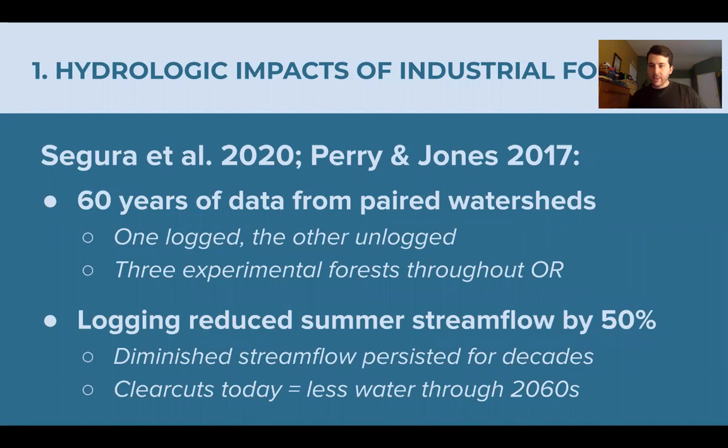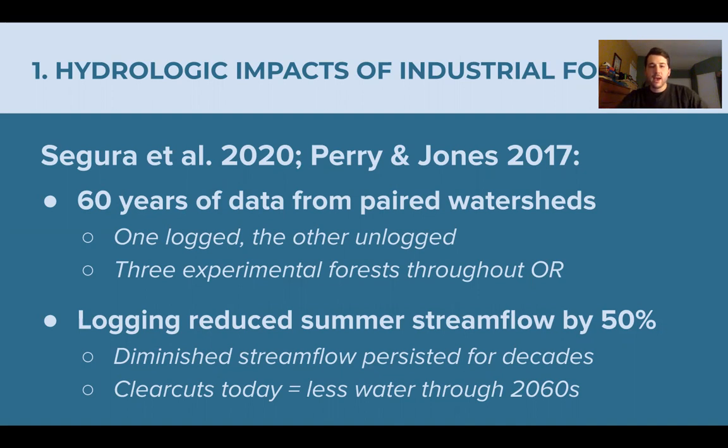This is corroborated by dozens of scientific studies over the past 70 years. Some of these studies have documented the impacts of clear-cut plantation forestry in the same watershed over time. Most notably, there are these two studies that came out recently in the last few years that documented 60 years of data in 3 different locations in the Pacific Northwest.